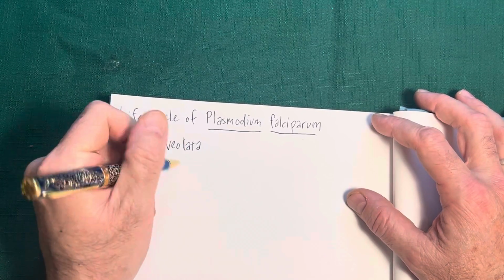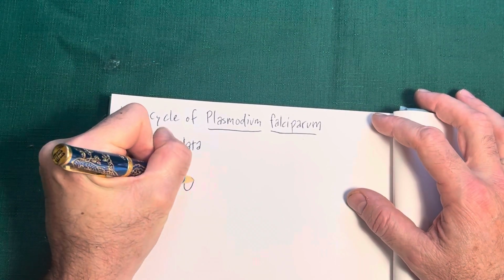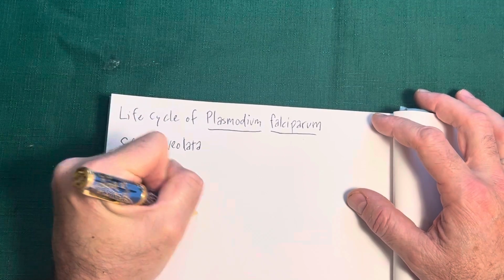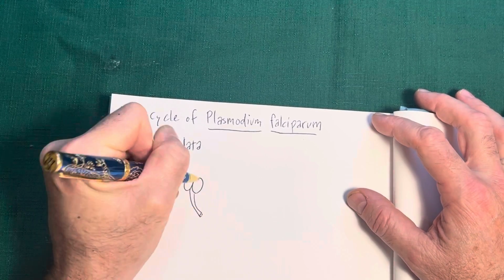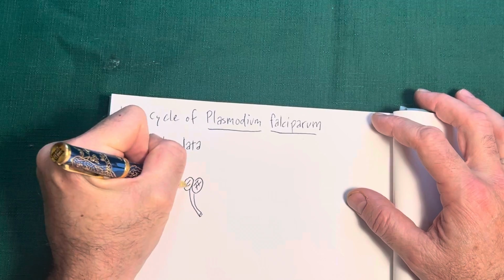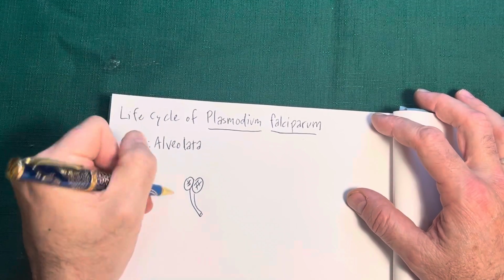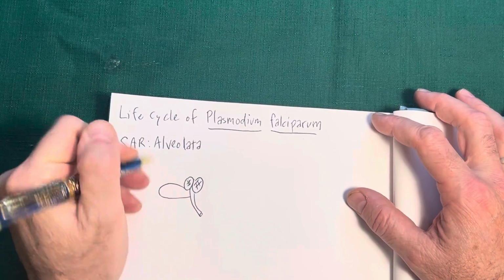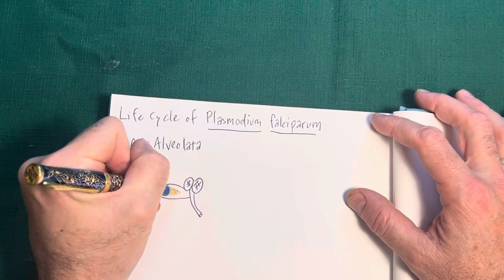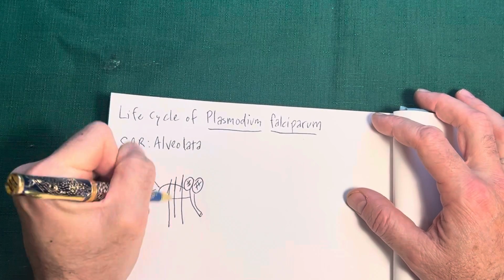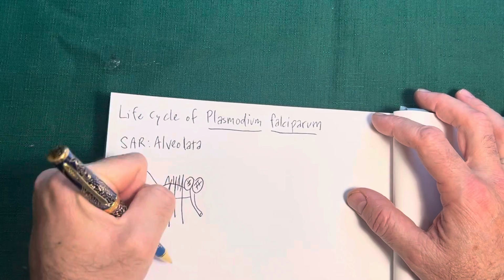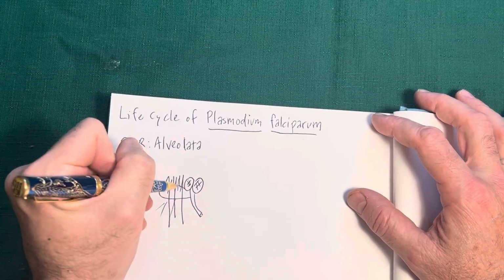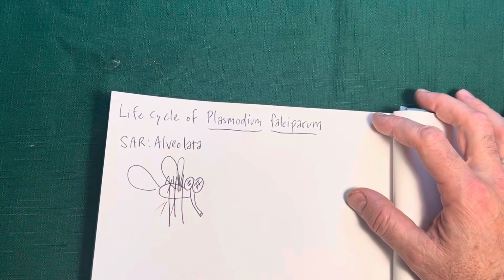So let's go ahead and get started by drawing not a parasite, but a mosquito. So we'll give her 6 legs, and some wings.